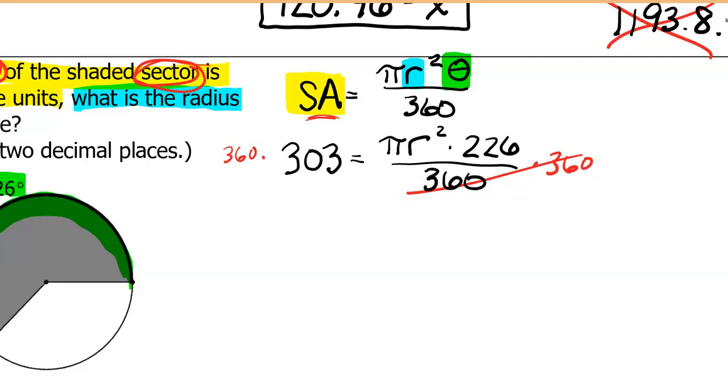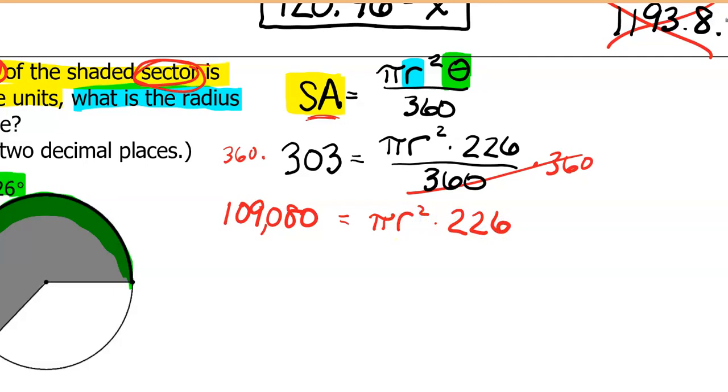360 times 303 is 109,080. In these problems, do not worry when you get giant numbers. It's going to happen. So then I have pi r squared times 226. And it's my job to get that radius by itself.